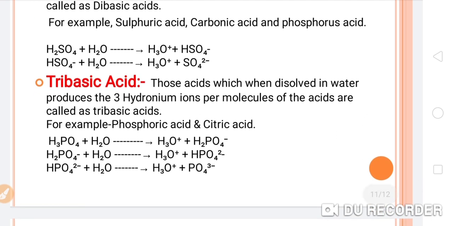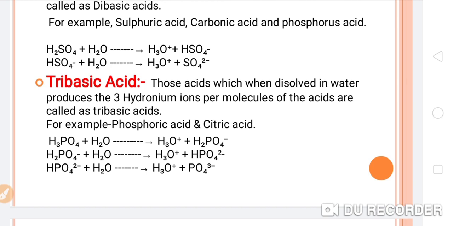Now tribasic acid. Those acids which when dissolved in water produce 3 hydronium ions per molecule of the acid are called tribasic acids. For example, phosphoric acid and citric acid, both are tribasic acids. Let's see the step by step reaction.